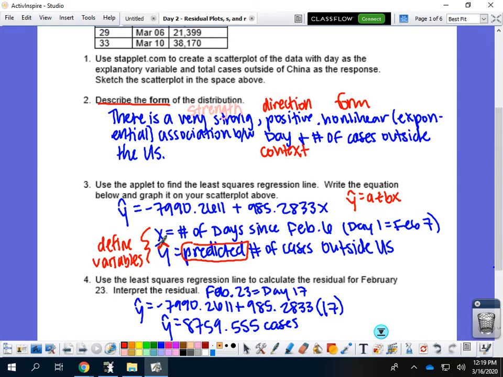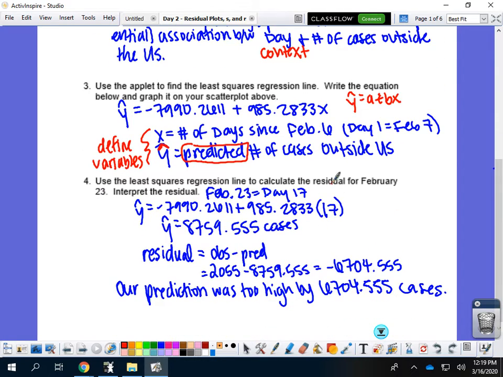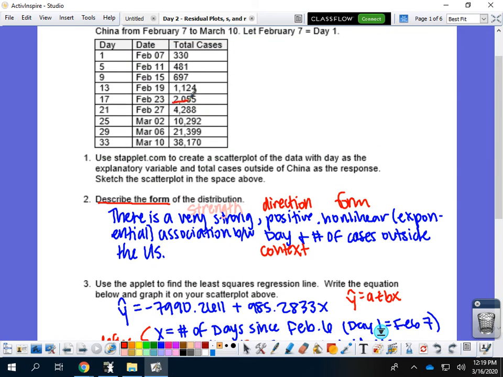All right, so number 4, use the line to predict. We plugged in, February 23rd was day 17 according to the table. Plugged in 17. It was predicted that we would get 8,759.555 cases. The residual is your observed minus your predicted. If you look in the table, we actually got 2,055.